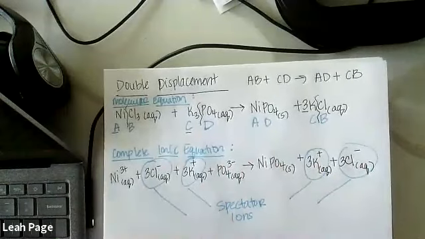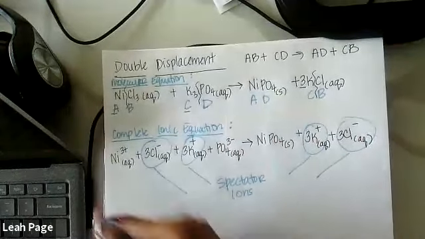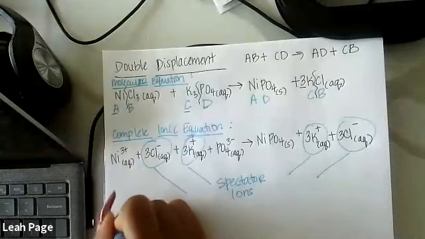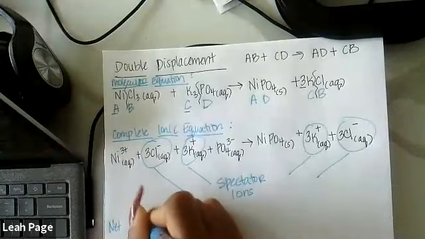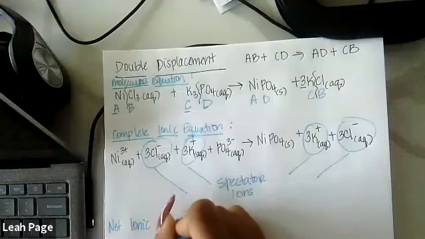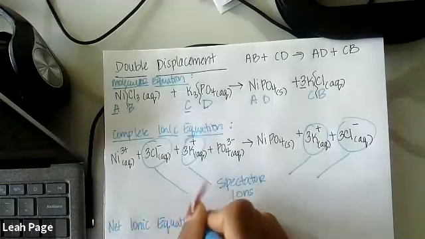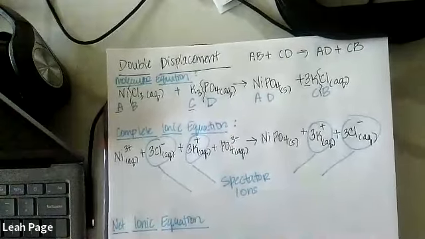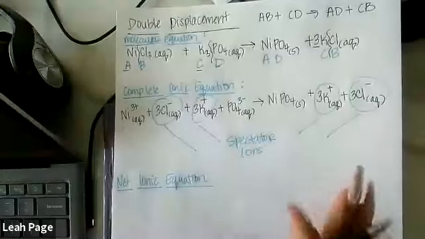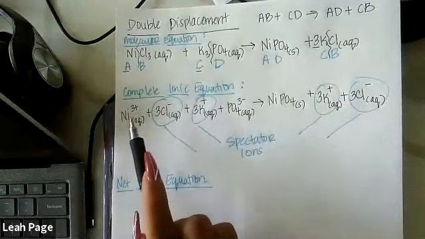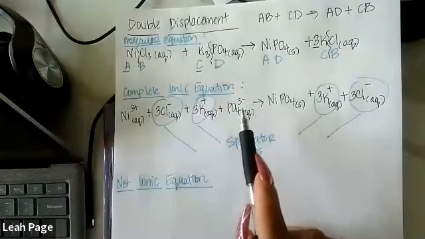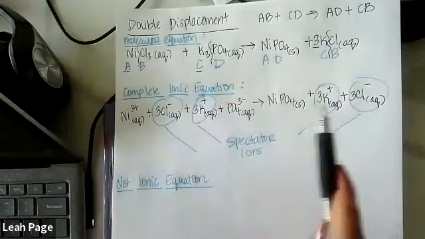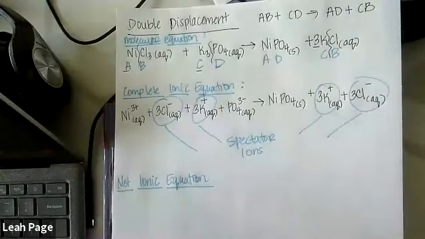All right. So with that being said, I can now write my net ionic equation. And once again, remember the net ionic equation is just telling us what's really happening in this reaction. The only thing that's really happening is nickel ions are combining with phosphate ions to form a solid nickel 3-phosphate.